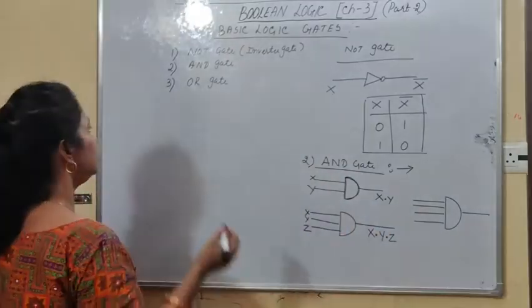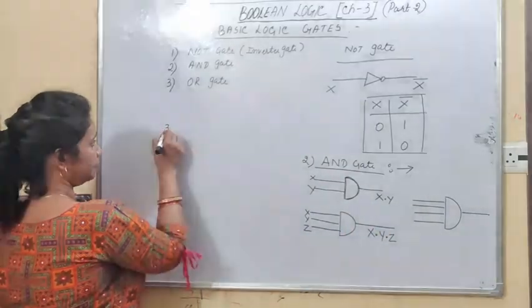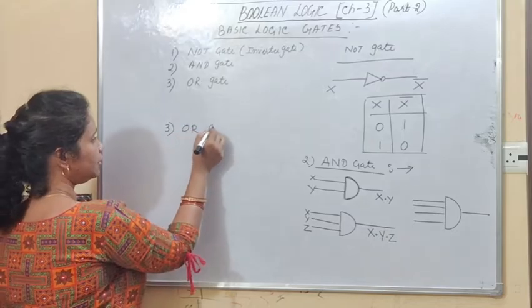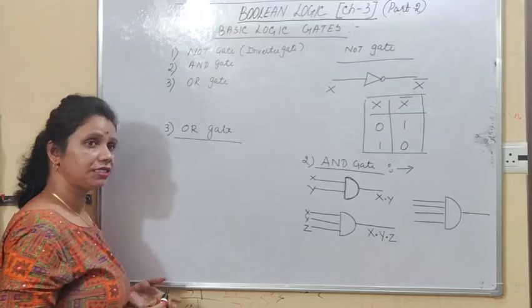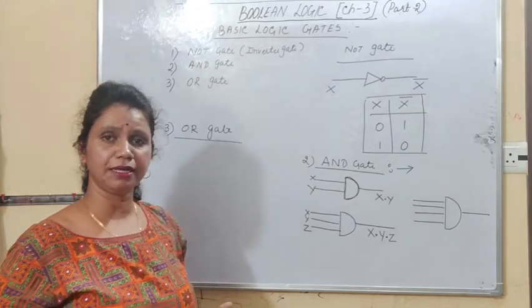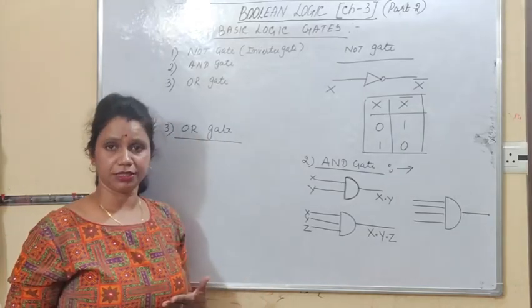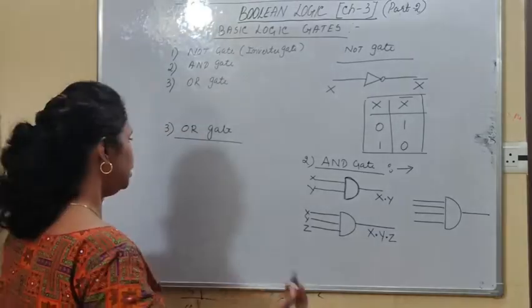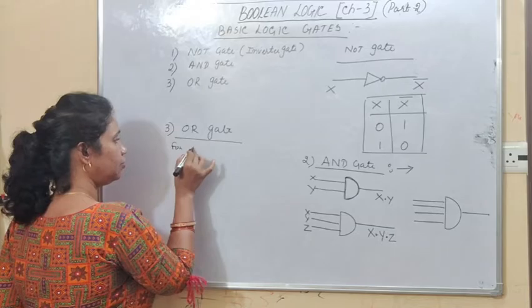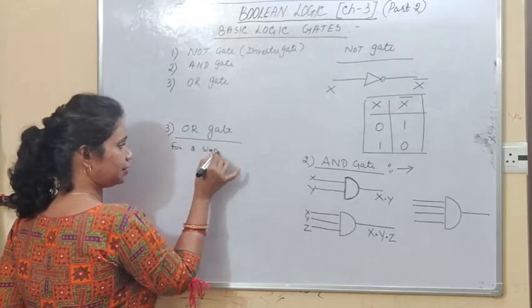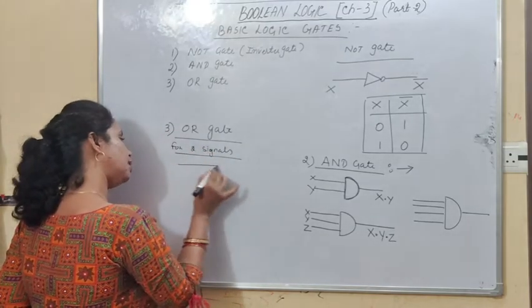Now, the third one is our OR gate. Which one is the symbol of OR gate? Here students, OR gate operates on two or more input signals and it produces one output signal, right? And which one is the symbol of OR gate? For two variables or two input signals, how will we draw?